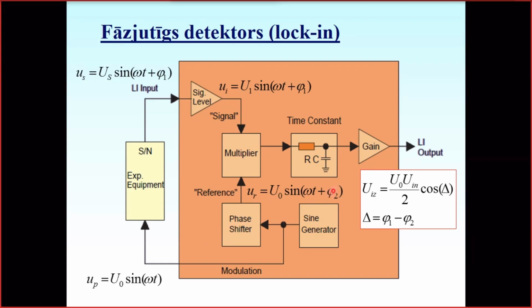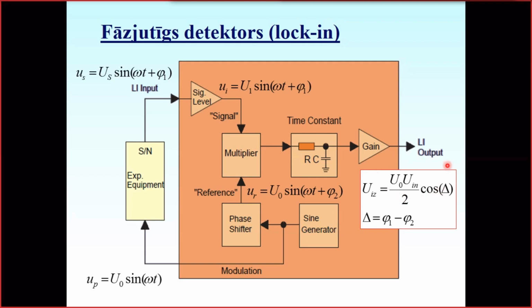Then they are multiplied. After multiplication comes a low pass filter that operates as an integrating circuit, and this low pass filter cuts all the high frequency oscillation.